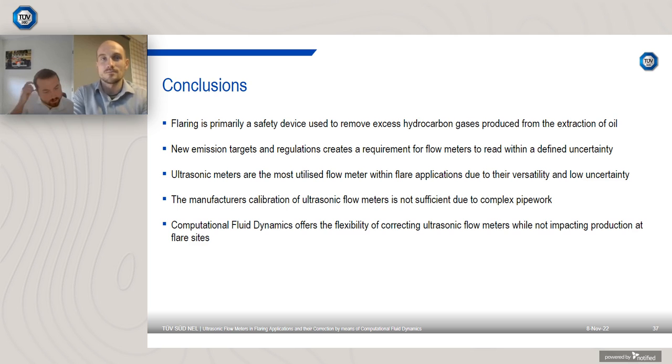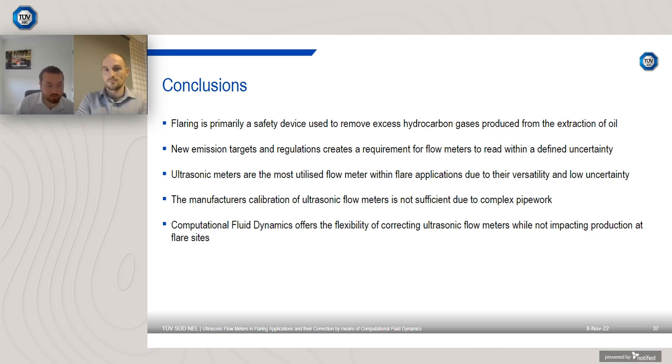Well, as I said earlier on, there wasn't much focus on making sure that the uncertainty of the meter was as small as possible. Operators really only just focused on making sure that the flare was operating correctly because of the vital role it plays in safety.